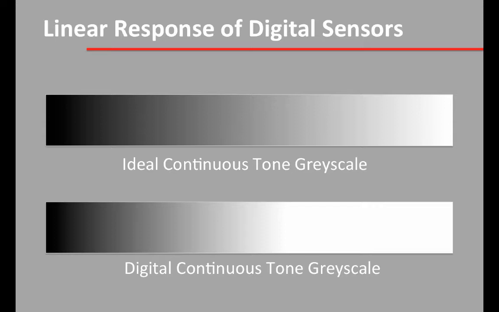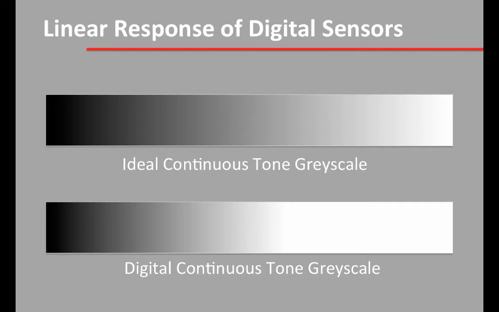You might notice that on the right-hand side, the highlight is shifted all the way over to about halfway. So our shadow region, our blacks are compressed, our mid-greys are compressed, even our mid-tone is compressed.